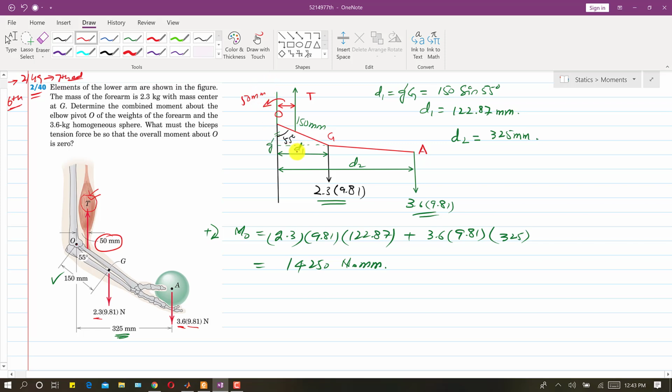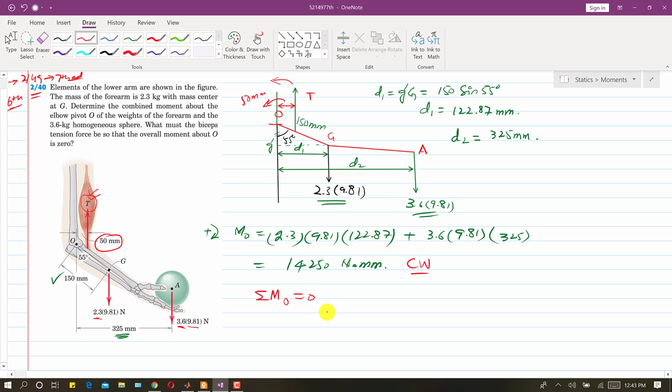As we see, to cancel out the moment about O, this T is producing counterclockwise moment, and these two weights are producing clockwise moment, right? So the summation of moment about O will be equal to 0.